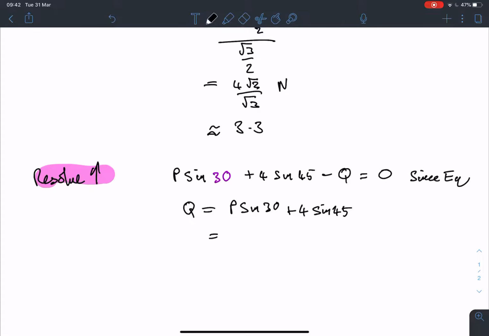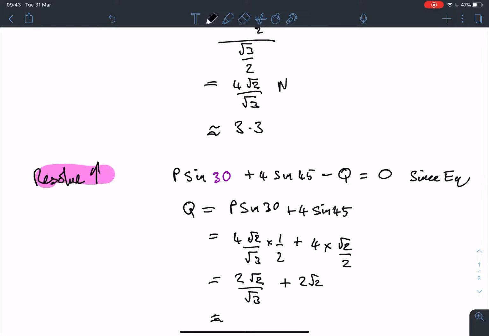So P we've got as 4 root 2 over root 3. Sine of 30 we know is a half, plus 4 times sine of 45, which is root 2 over 2. You can tap it in the calculator at that point, and we get 2 root 2 over root 3 plus 2 root 2.